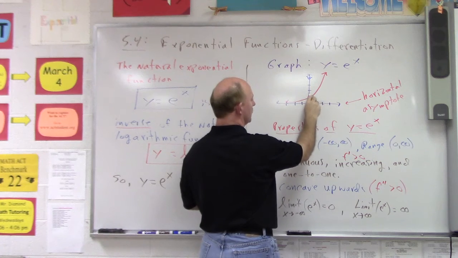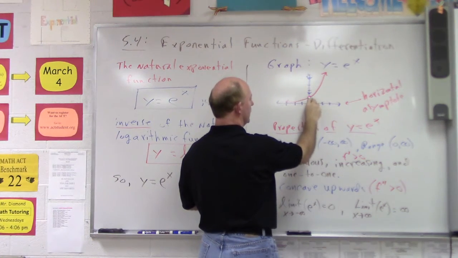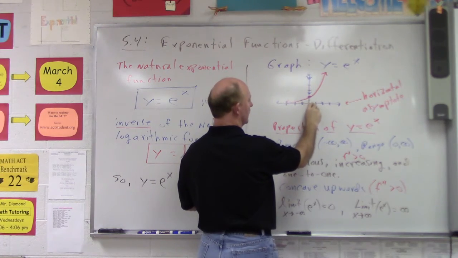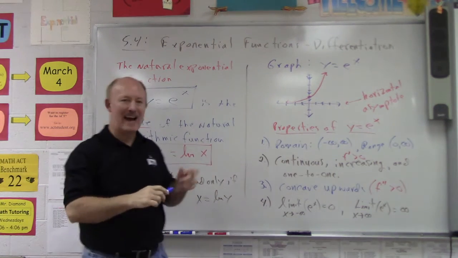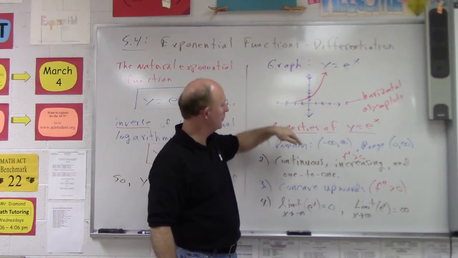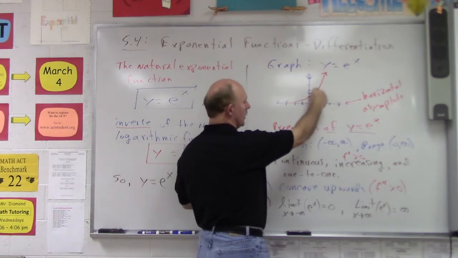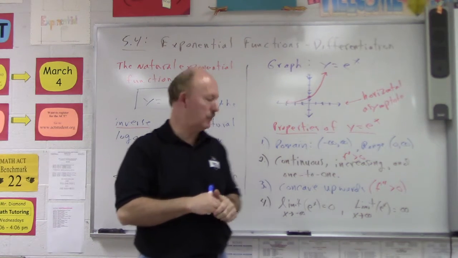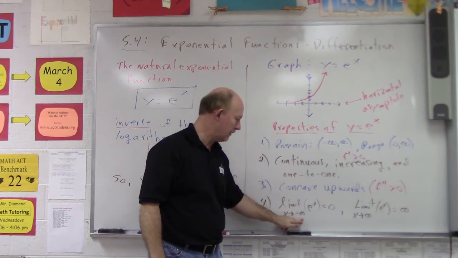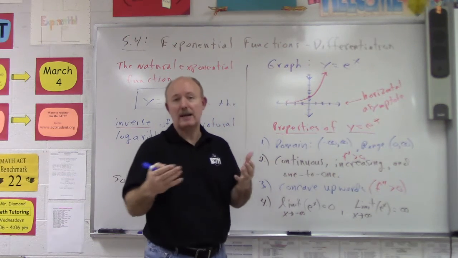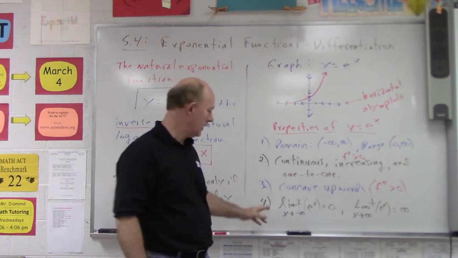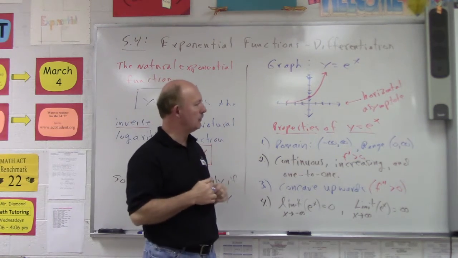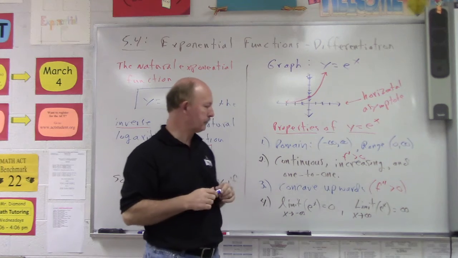As we go further and further to the left, the corresponding y value gets closer and closer to 0. So the limit as x approaches negative infinity is 0. Technically y won't ever get to 0, it just gets closer and closer to 0. So that makes it a horizontal asymptote.